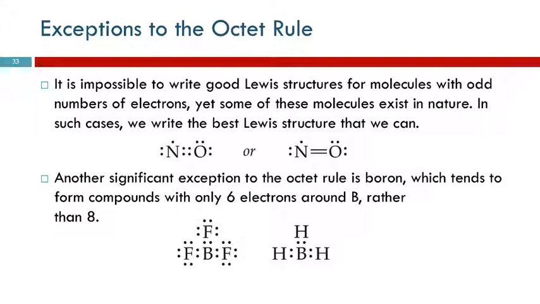It's element number 5. Boron will sometimes be satisfied with 6 electrons instead of 8 because it's a little guy. You don't need to remember that boron does that, but you just need to know that it can happen. Some of the smaller elements can have fewer than 8 electrons in a Lewis structure, and that may still exist as an actual compound.